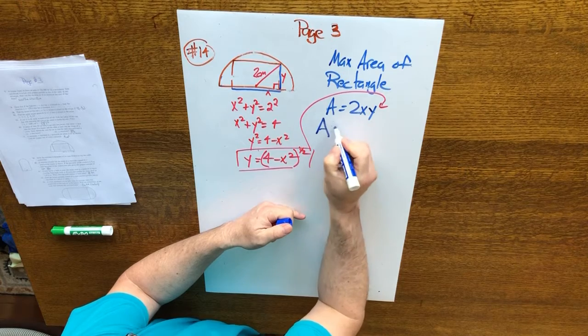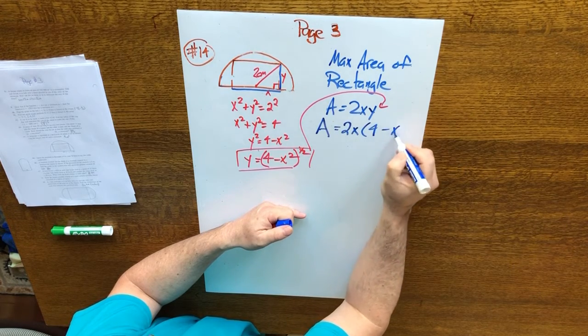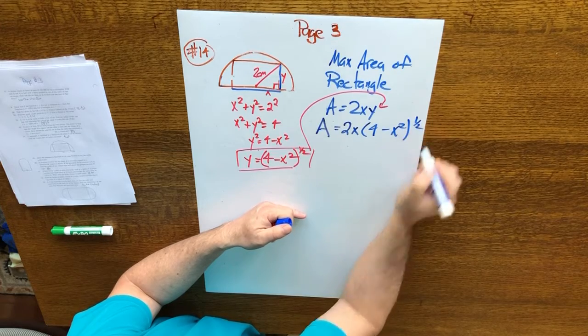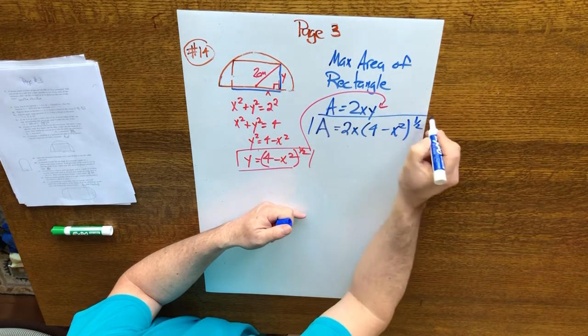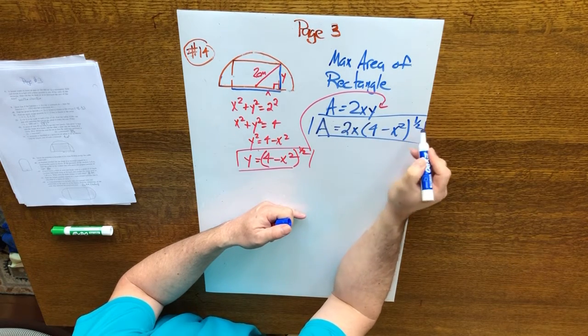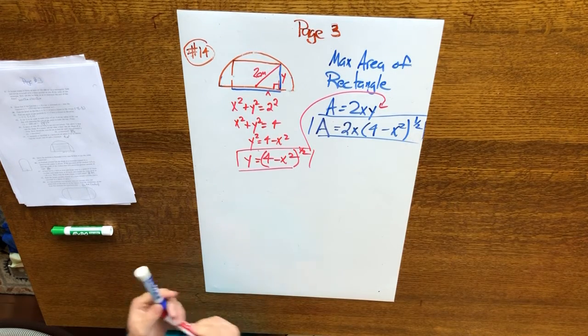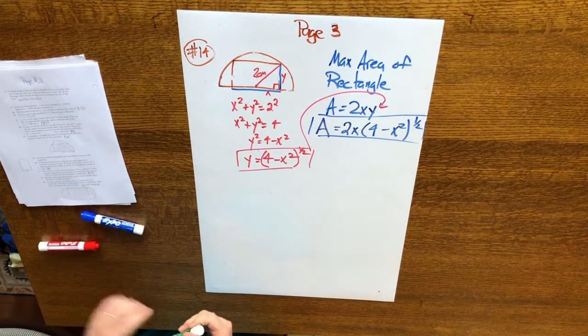So A equals 2x times 4 minus x squared to the 1/2. You can't simplify that down any further. This is an exponent of 1/2, so you can't distribute the 2x in there. My next job is using the product rule to take the derivative of that.